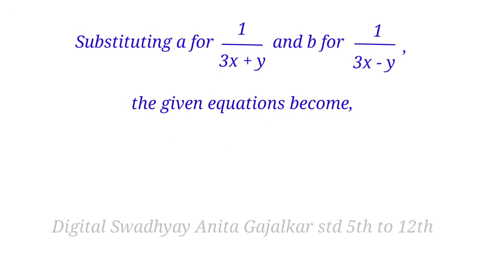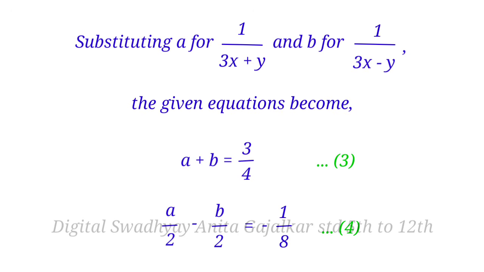Substituting a for 1 by 3x plus y and b for 1 by 3x minus y, the given equations become a plus b equal to 3 by 4, equation number 3, and a by 2 minus b by 2 equal to minus 1 by 8, equation number 4.